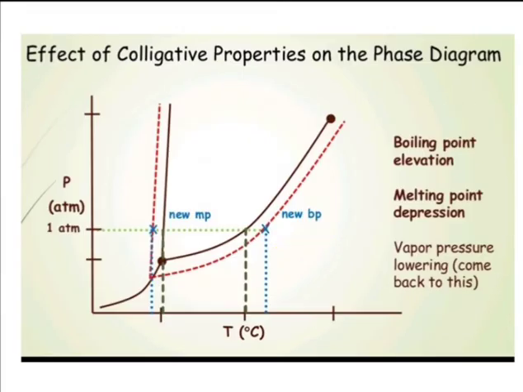Now, consider this diagram. We will see here the effect of colligative properties on the phase diagram. This diagram shows the melting point depression, the boiling point elevation, and the vapor pressure lowering.